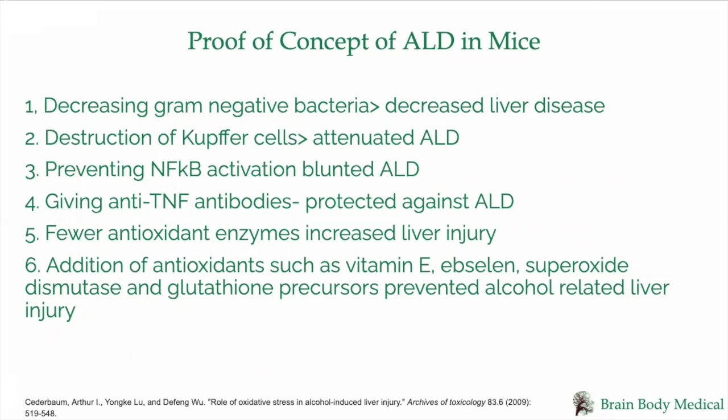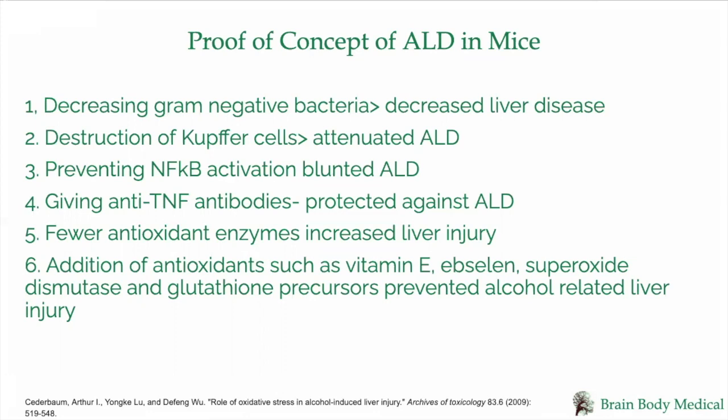If somehow you can destroy the Kupffer cells, and they have different mechanisms of doing that, you can decrease the amount of liver disease. If you somehow prevent the NF-kappa B from activation, that also will decrease alcoholic liver disease. And giving anti-TNF antibodies, which are the cytokines, that also protects against liver disease.